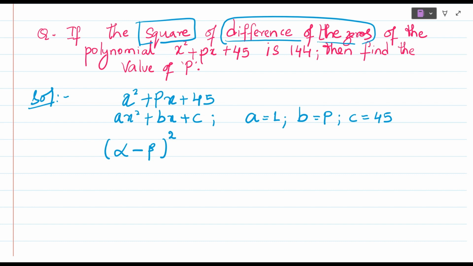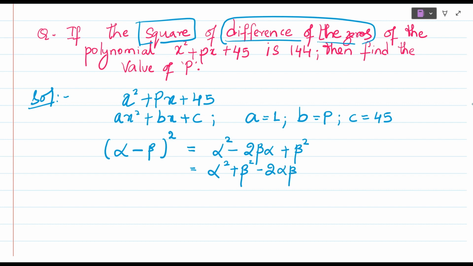So alpha minus beta whole square, it is like our identity, isn't it? So alpha square minus 2 alpha beta plus beta square. Okay. So again in the formula we have alpha square plus beta square. I am rearranging the terms, students, minus 2 alpha beta. Understood?